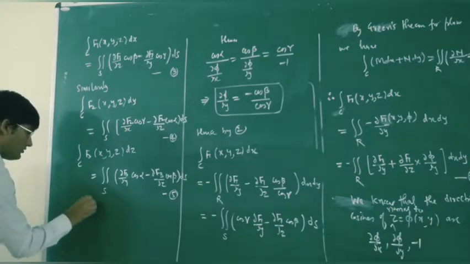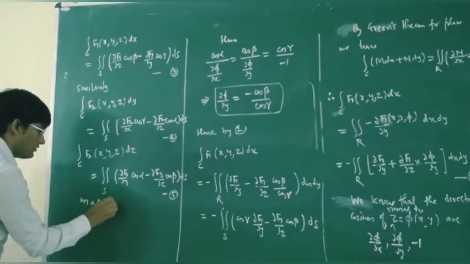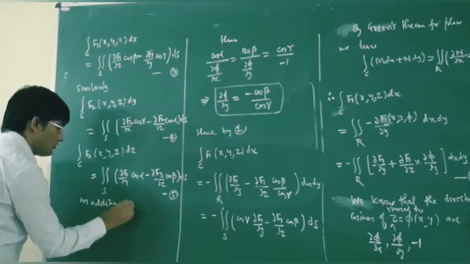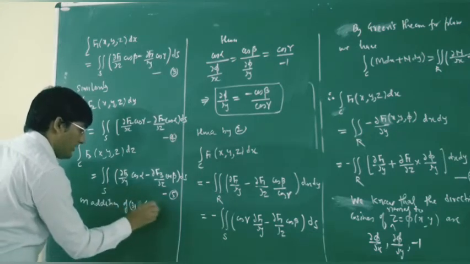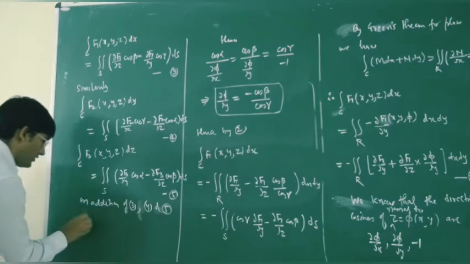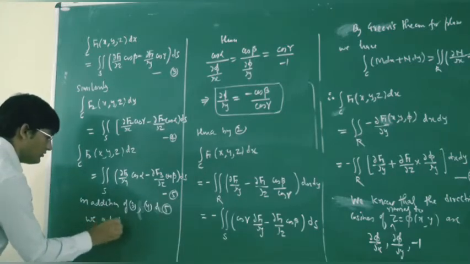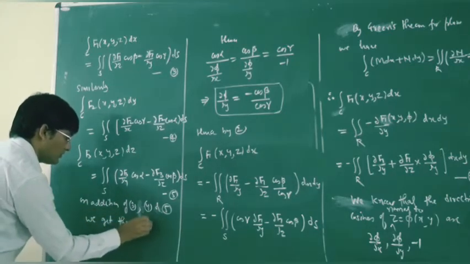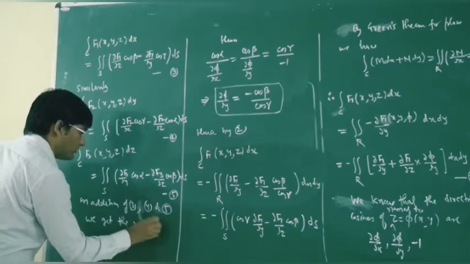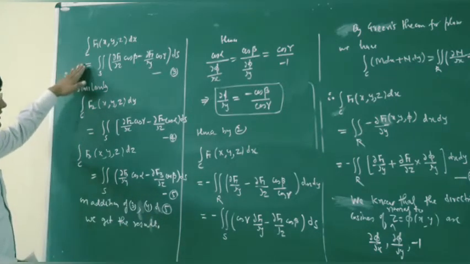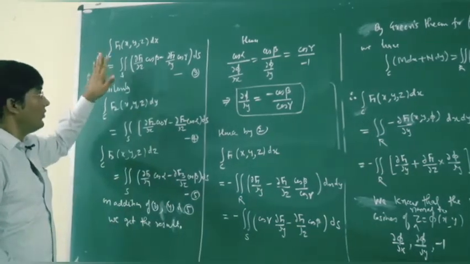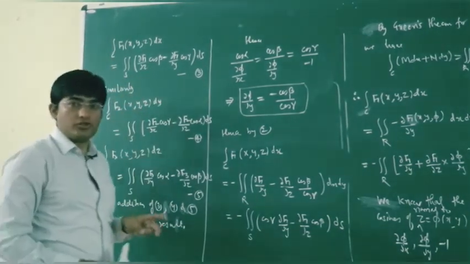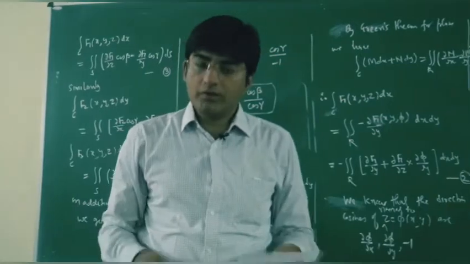On addition of 3, 4 and 5 we get the result. As you add these three equations, our left hand side, which is your line integral, will be equal to the surface integral in Cartesian form. So this is the proof of your Stokes theorem.